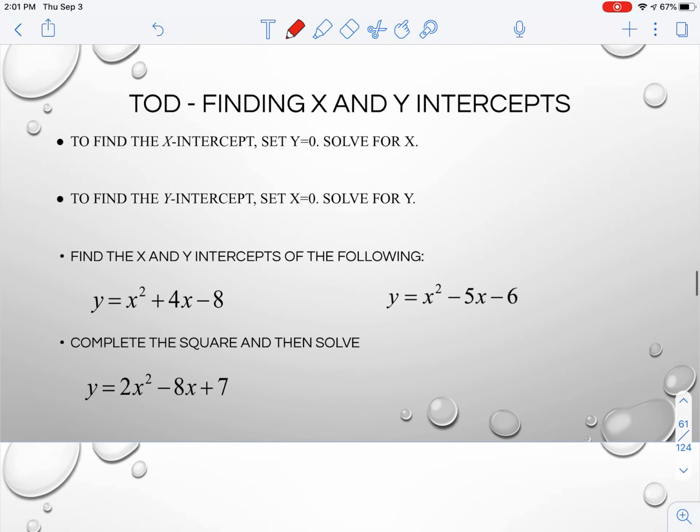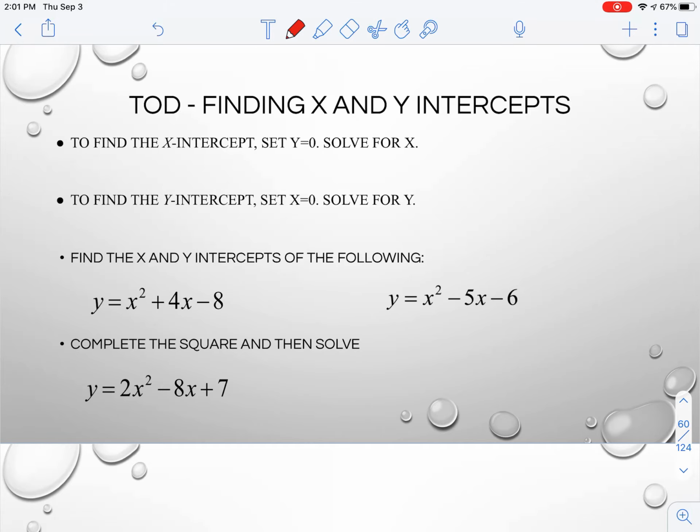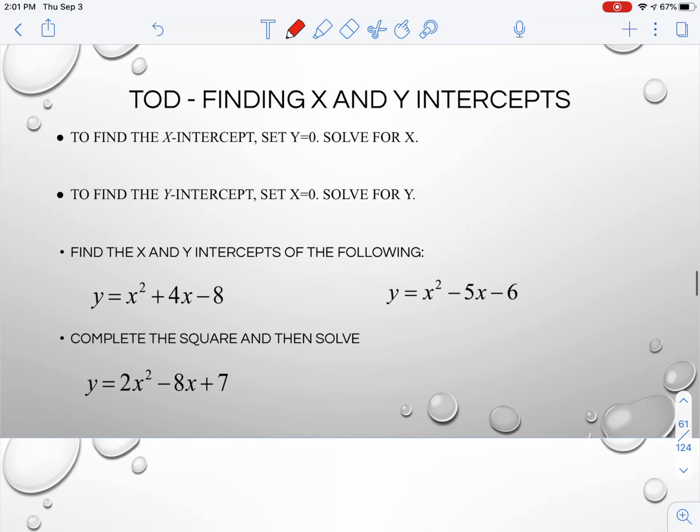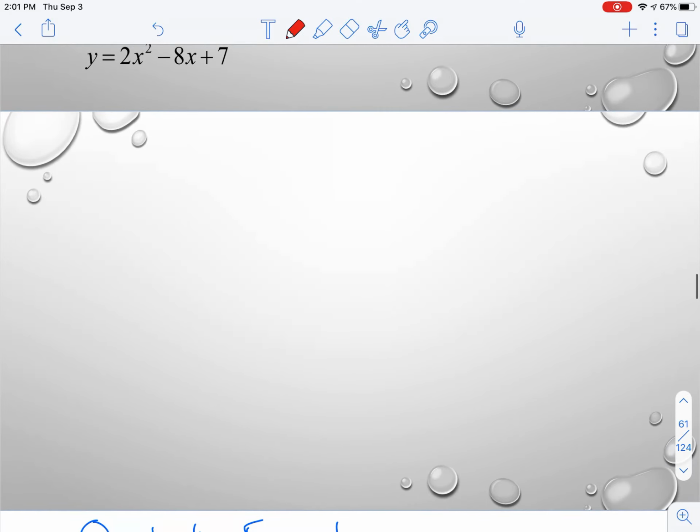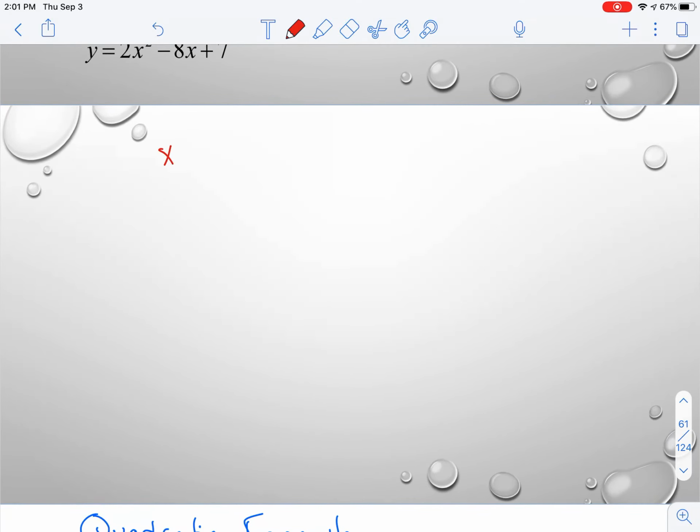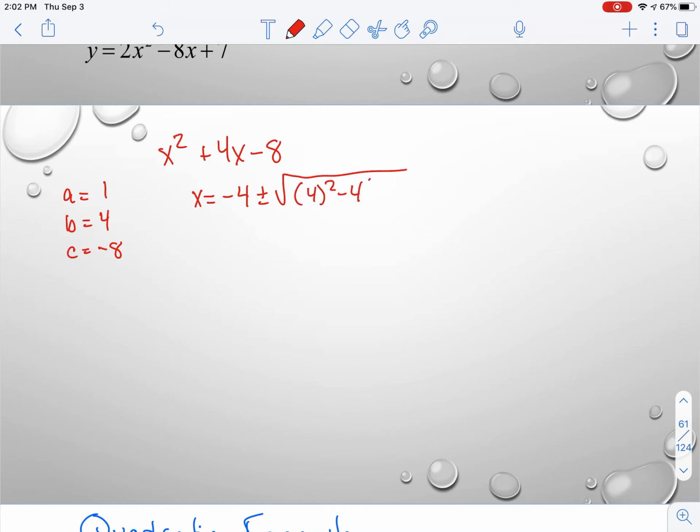All right, so finding x and y intercepts here. We look at the first one, x squared plus 4x minus 8. Let's identify A, B, and C. So A is 1, B is 4, C is -8. x equals -b plus or minus the square root of b squared minus 4ac, all over 2a.